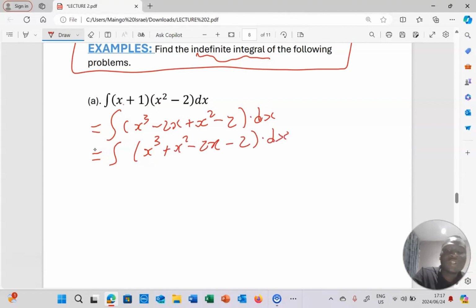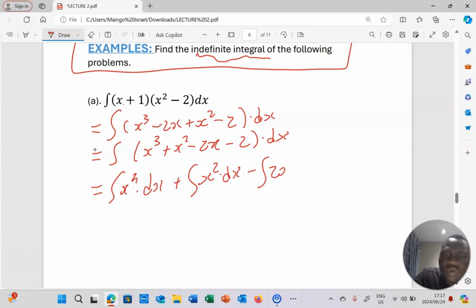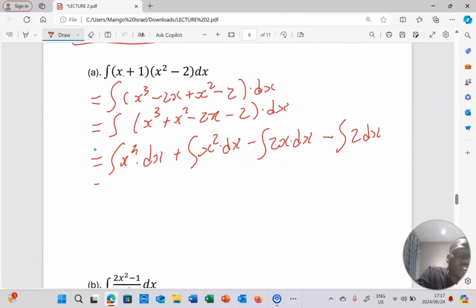We don't have like terms, so we just use the sum rule, integrating each function separately. We integrate x cubed dx plus we integrate x squared dx, minus we integrate 2x dx, minus we integrate 2 dx.